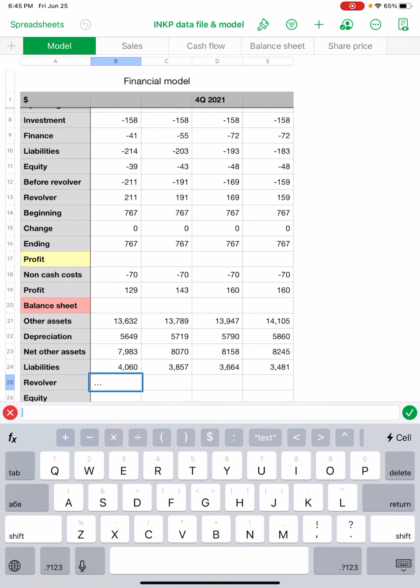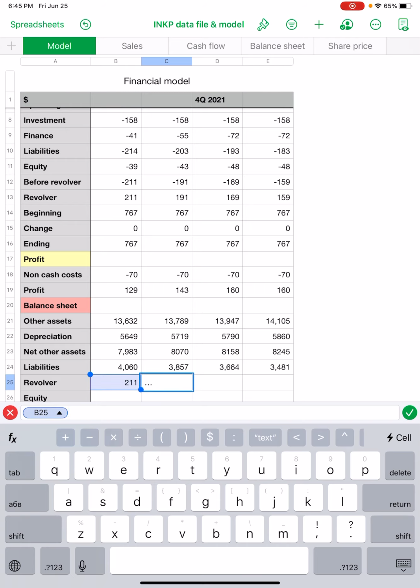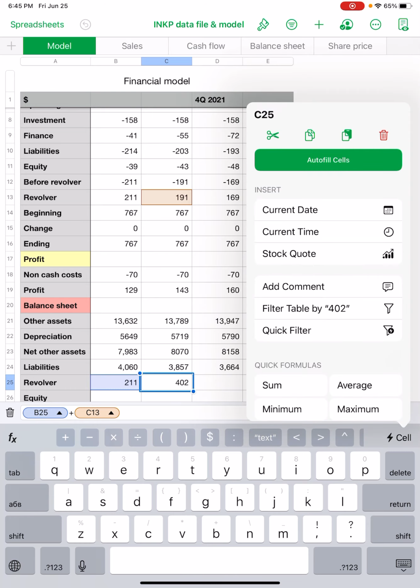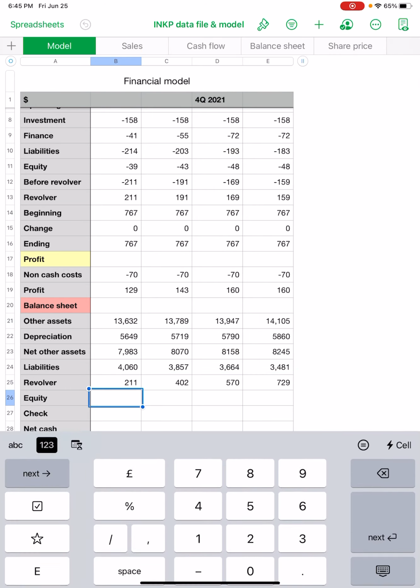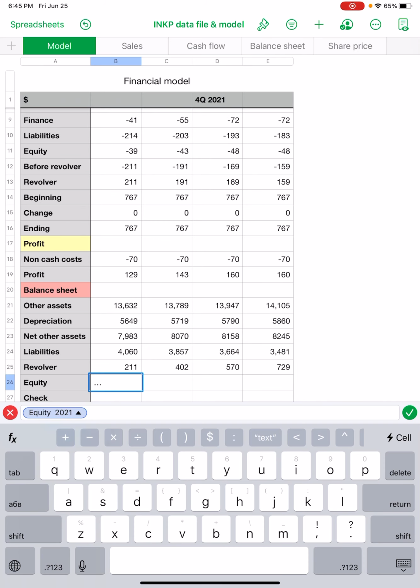The revolver, same kind of story. At first it's going to be that, and then it's going to accumulate. So you can see they do need extra credit card or whatever. The equity will be the previous equity and the profit and the payment, equity payout.